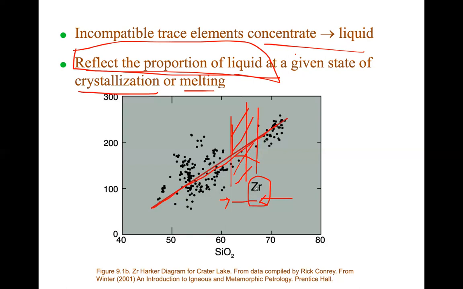Probably the presence and absence of zircon in the bulk rock might have caused this difference, right? Because zircon is zirconium silicate, so you have a lot of silica in zircon also. So if no zircons are there in a particular set of samples, you will see some kind of a blank composition here, right? Very acidic samples may have a lot of zircon, so you have high zirconium composition, right?